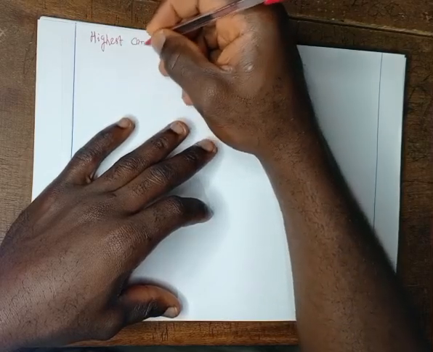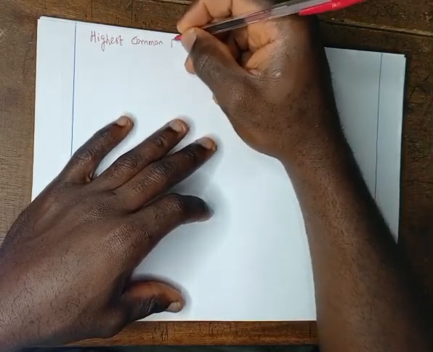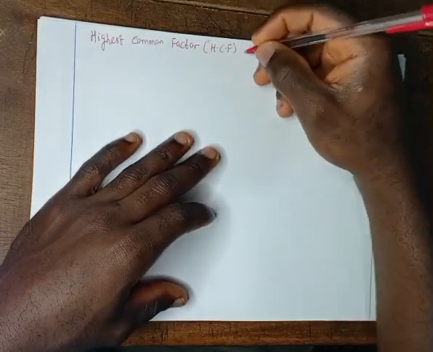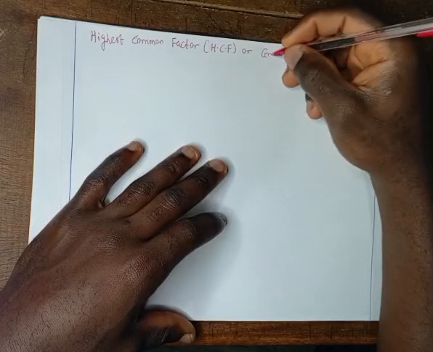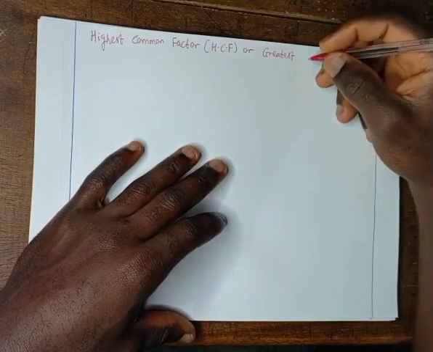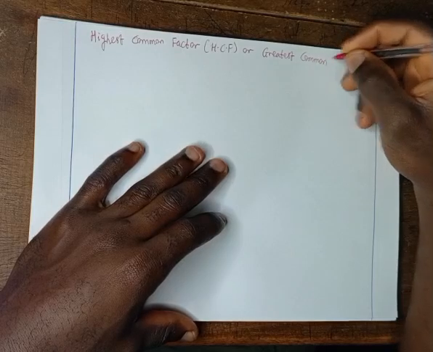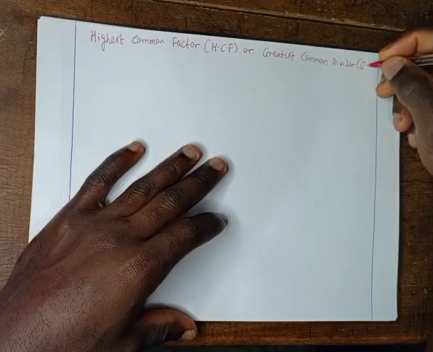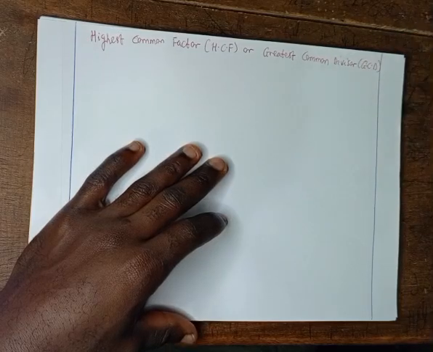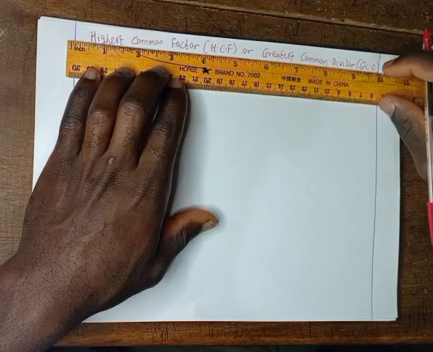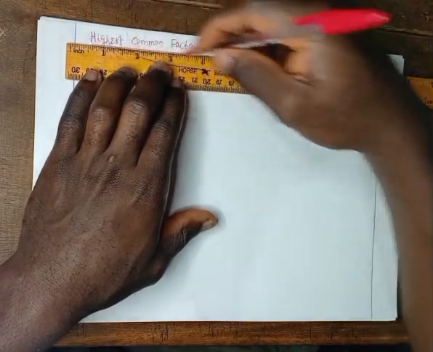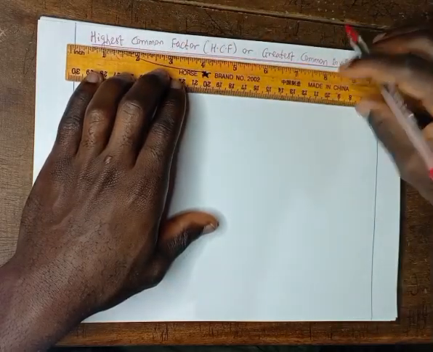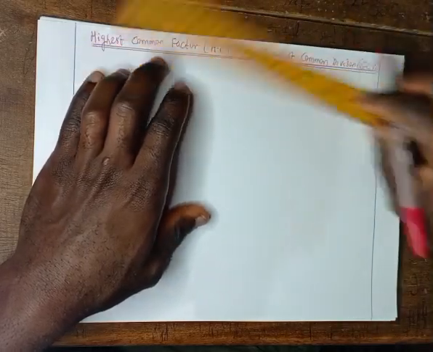Highest common factor, abbreviated as H.C.F, or another name for it is the greatest common divisor, which is abbreviated as G.C.D. Most often we make use of the highest common factor. So today we are going to see how to calculate the highest common factor of any given numbers.